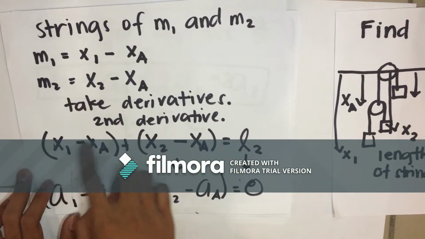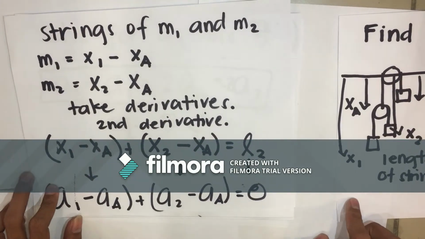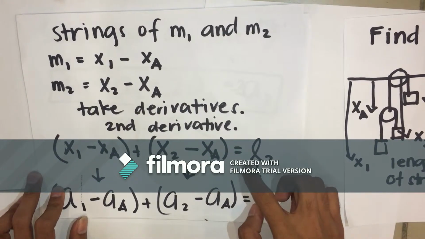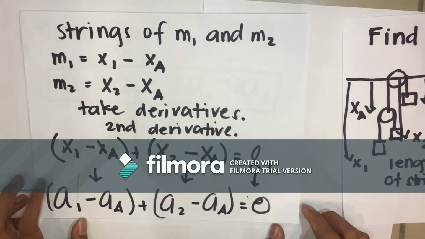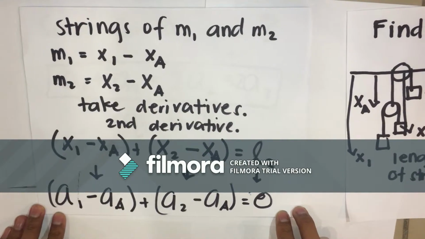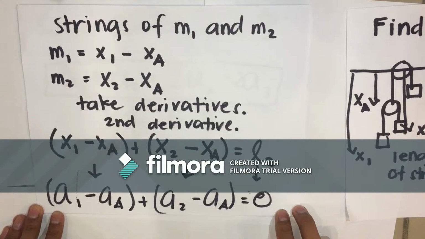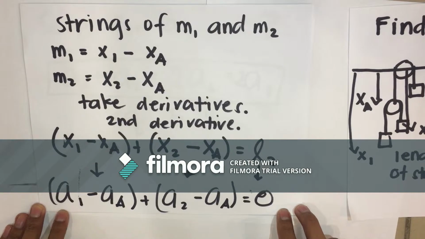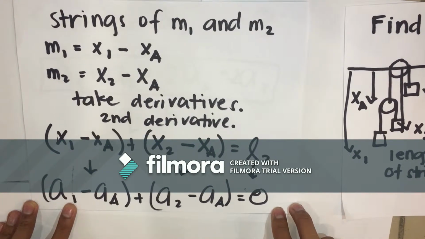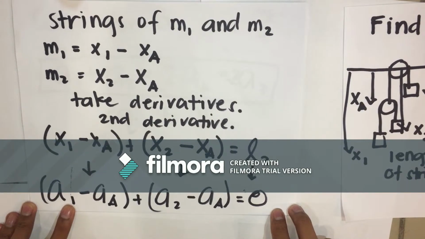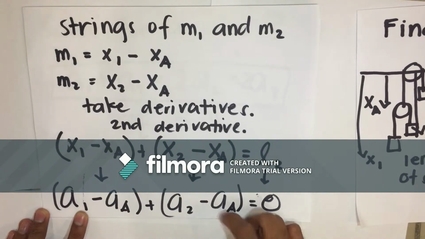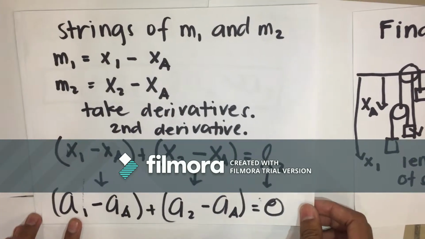So X1 minus XA plus X2 minus XA is equal to, we labeled it, the second length. After the second derivative, we get the acceleration of the first mass minus the acceleration of pulley A, plus the acceleration of box 2 minus the acceleration of pulley A, and it is equal to 0.